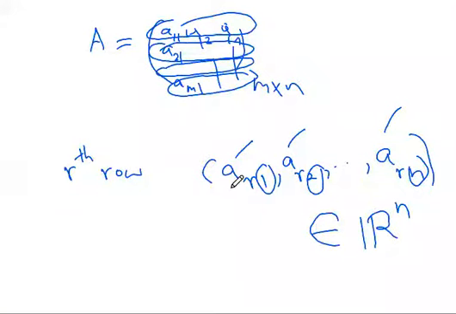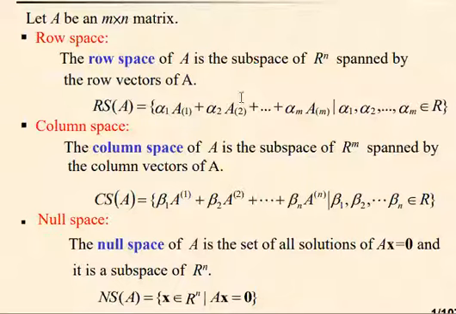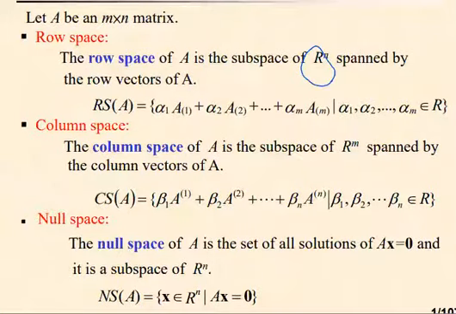We know that if you consider any particular row, it is an element in Rn. Therefore, the set of all combinations of these rows is a subspace of Rn.